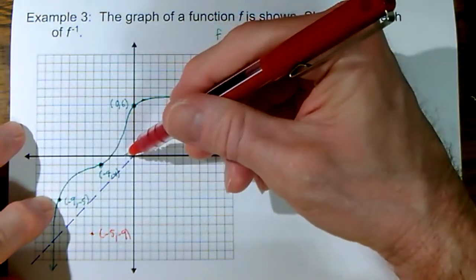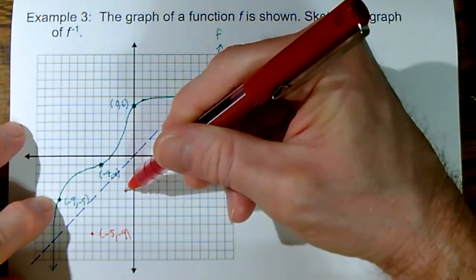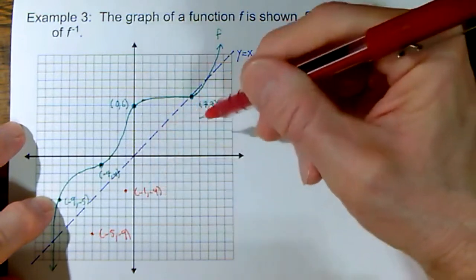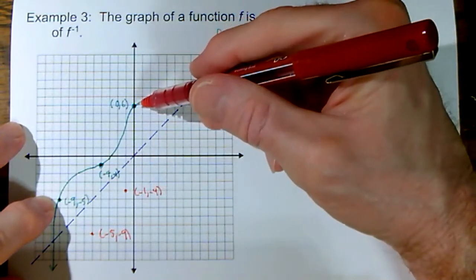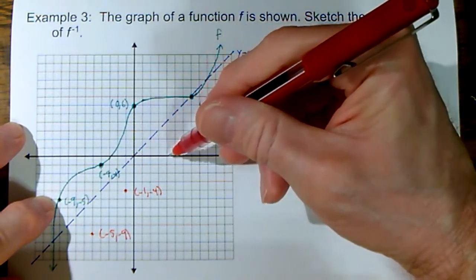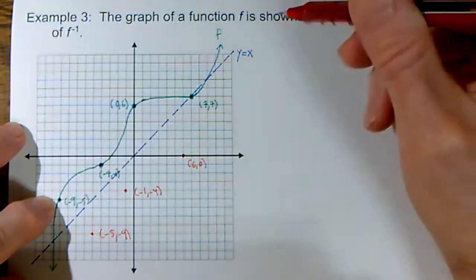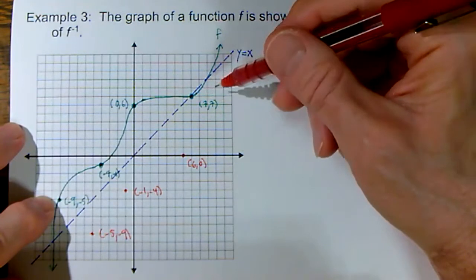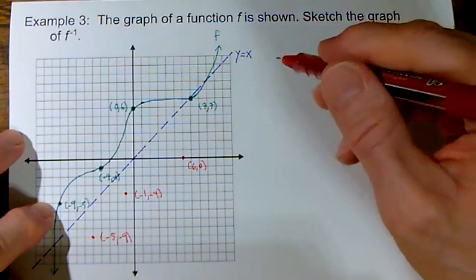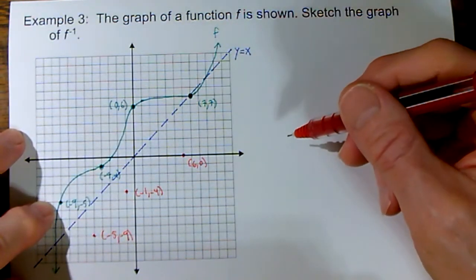So in the inverse, I'll have -1, -4. 1, 2, 3, 4, -1, -4. In the graph of the function itself, f, I've got 0, 6. So in the inverse, I'd have to have 6, 0. 1, 2, 3, 4, 5, 6. And look at what happens here. 7, 7. If I reverse that ordered pair 7, 7, I get 7, 7. So it'll be the exact same point on both of those graphs.